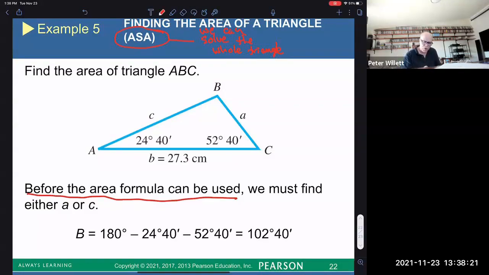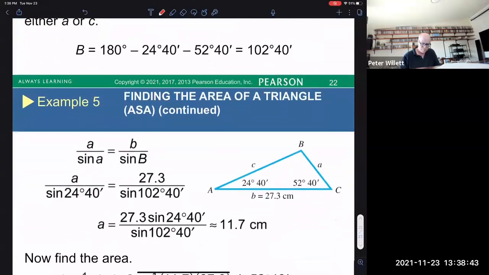So like when you're solving the angle side angle triangle, they start by figuring out angle B by subtracting the two angles we know from 180. So they got that this is 102 degrees and 40 minutes. I'll just put that up here. And so then when we know that, we can find A or C by using the law of sines.